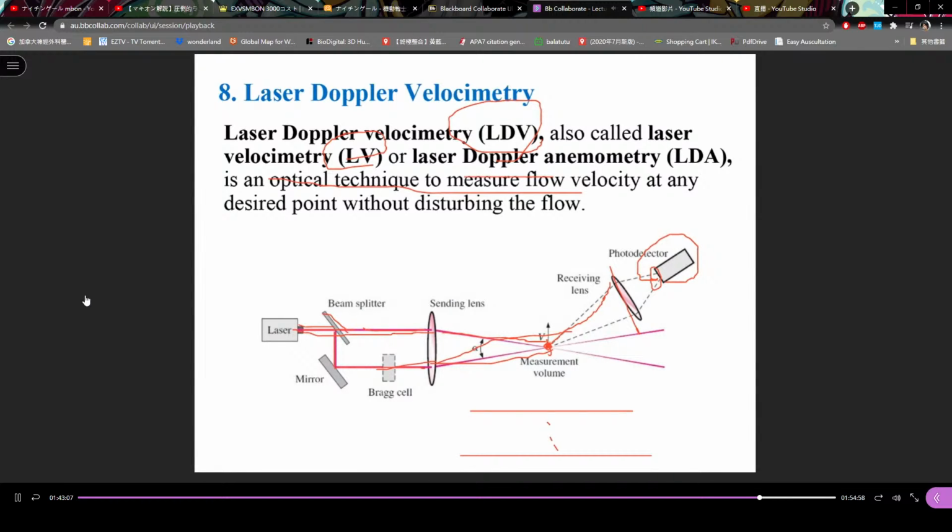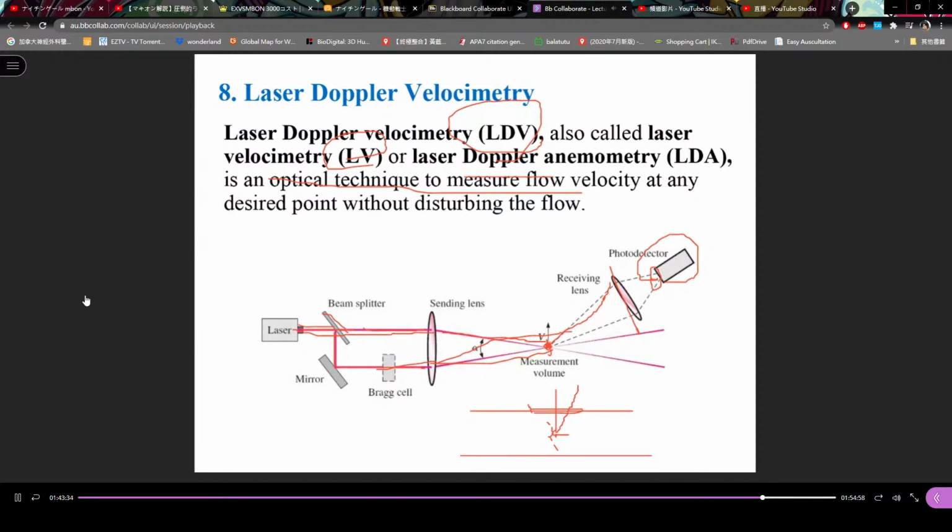We add a transparent pipeline here and send beams into any points. Then we can measure the velocity in the pipeline. This is very popular, not for air duct measurement, but it's very popular for wind tunnel measurement. We don't need to cut the air duct.